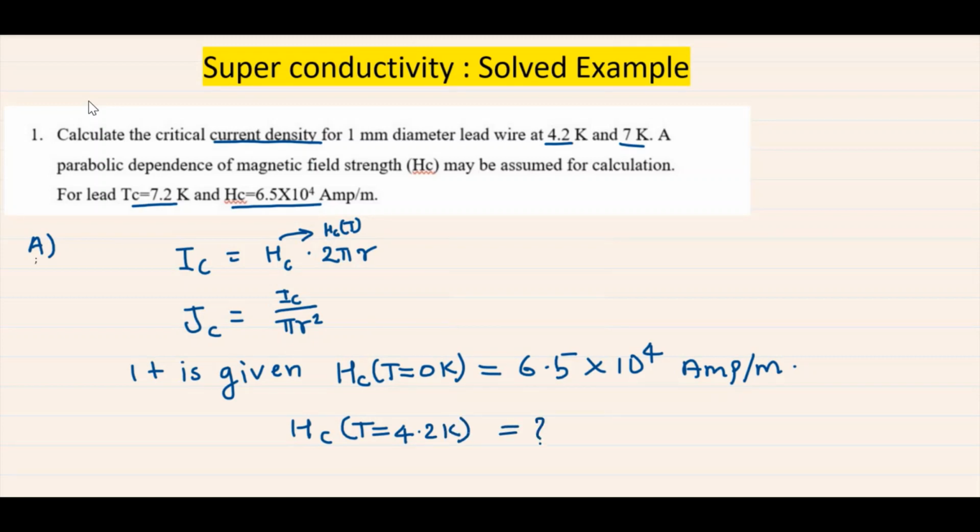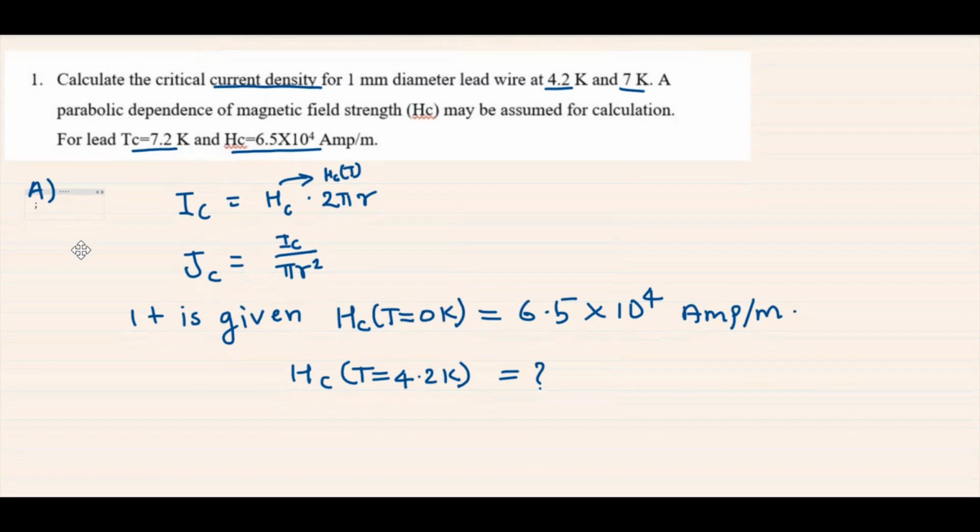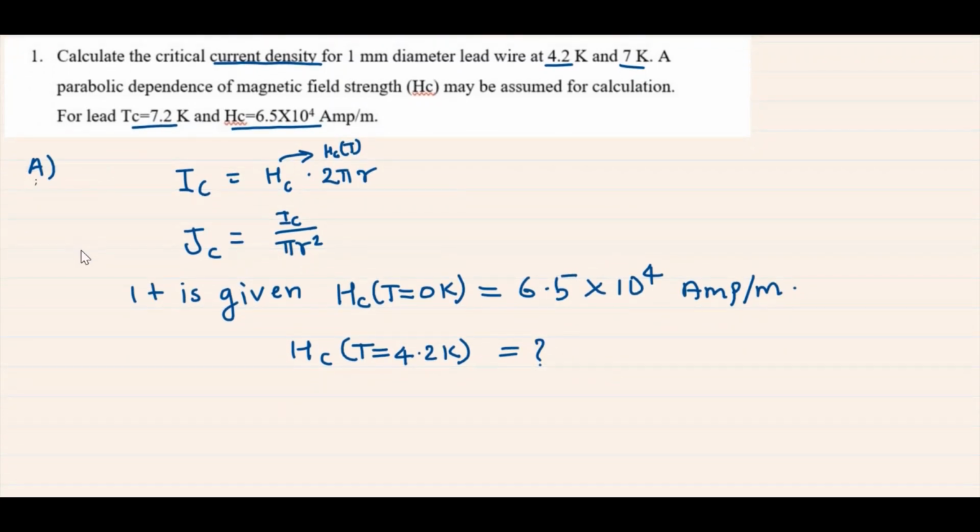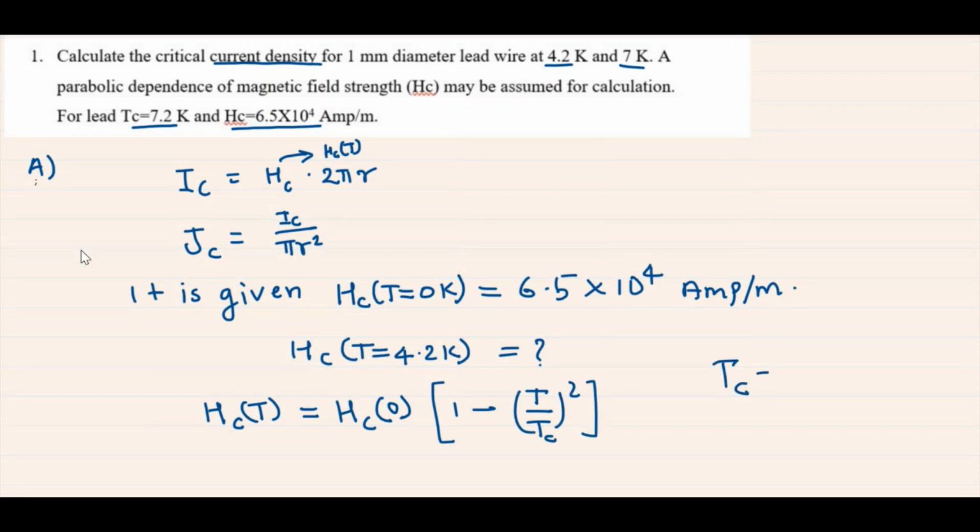To find the field at any temperature, we have a relation which is sometimes called parabolic dependence: Hc of T is Hc of 0 into 1 minus T by Tc whole square, where Tc is the critical temperature.